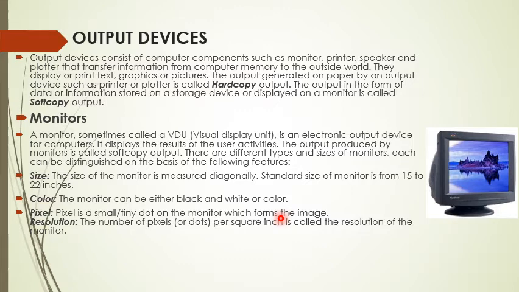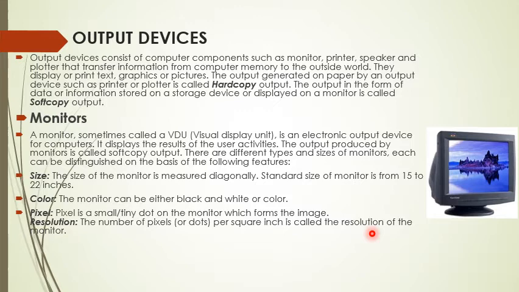Now, what is the difference between pixel and resolution? When we calculate the total number of pixels or dots per inch, that is called the resolution of your monitor. Got this? A pixel is a small tiny dot.